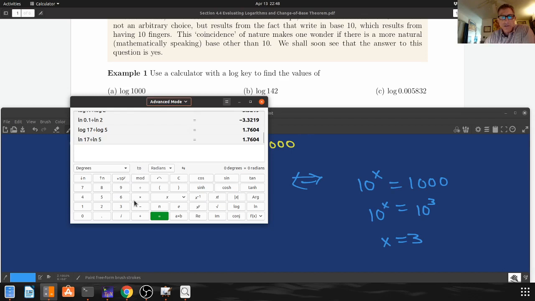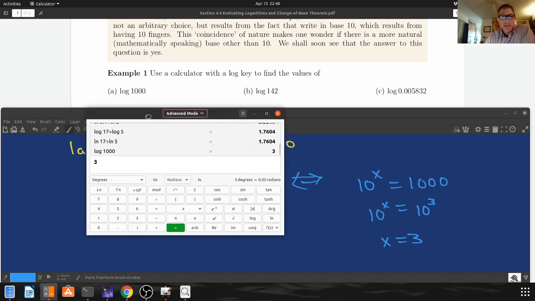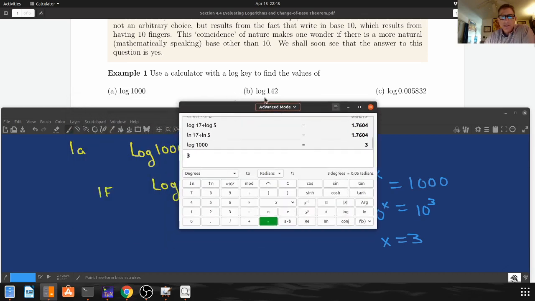So let's actually use the calculator. Here is my log key. I'm going to put in log and then 1000, and when I hit equals, it will give me 3. Doing the same thing for the log of 142. Makes math a lot easier when you have a computer's help, right?